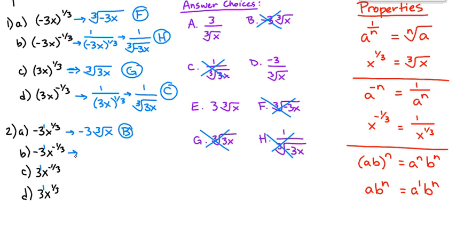And this one, because we have the negative exponent, it's negative 3 over x to the 1/3, which is negative 3 over the cube root of x. And that is D.